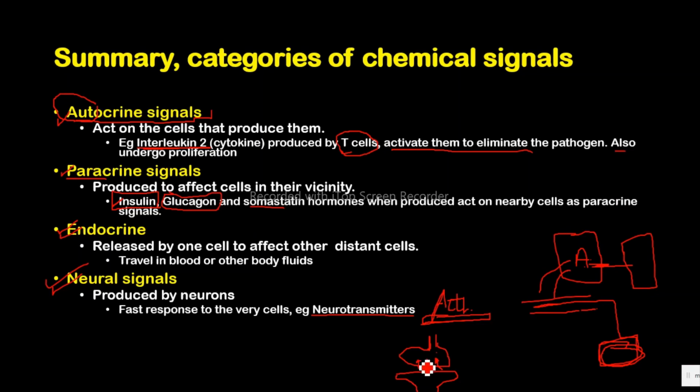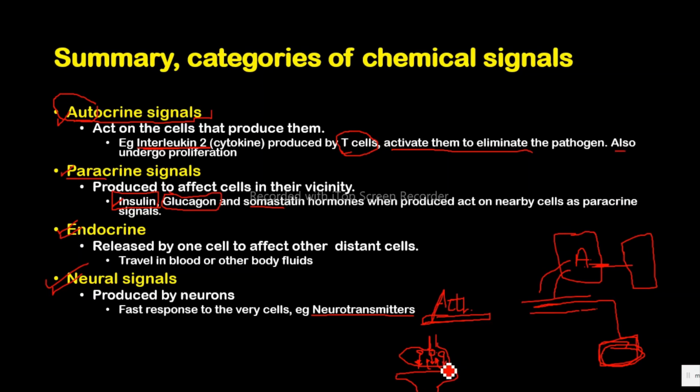When calcium ions fill up this knob, the increase in their concentration will stimulate these vesicles, which contain the neurotransmitter acetylcholine, to move towards the presynaptic membrane.